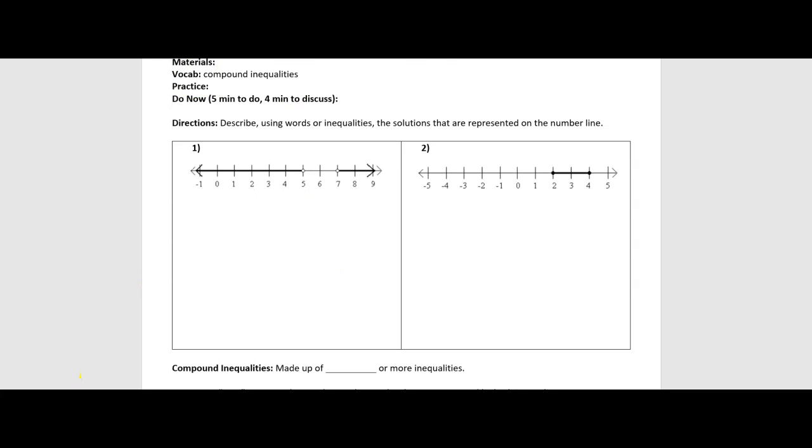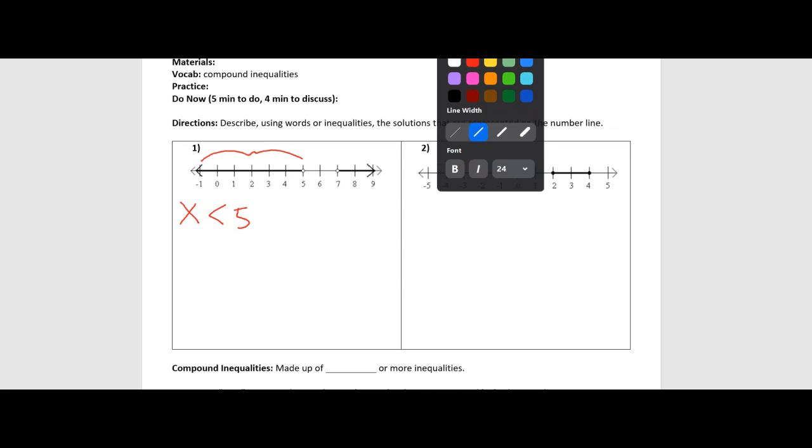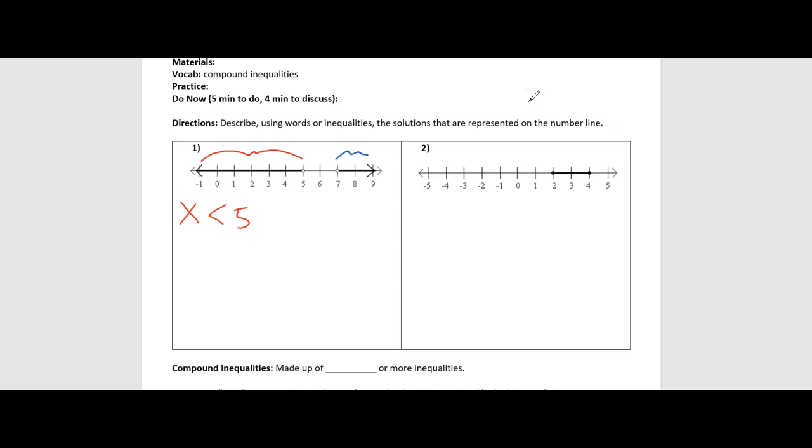All right, so for number one, two inequalities we could write. We could say x is less than 5. Okay, that describes this inequality right here. But then we have this other one, and we're going to use an or: x is greater than 7. So the solutions that we're graphing, they're either numbers that are less than 5 or they're greater than 7.